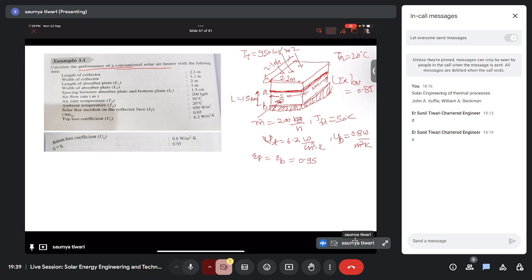We are ignoring the side loss, and the temperature is not varying across the absorber plate and the bottom plate. Considering all those assumptions, first we'll calculate the heat transfer coefficient for the fluid, for the absorber plate and the bottom plate also.